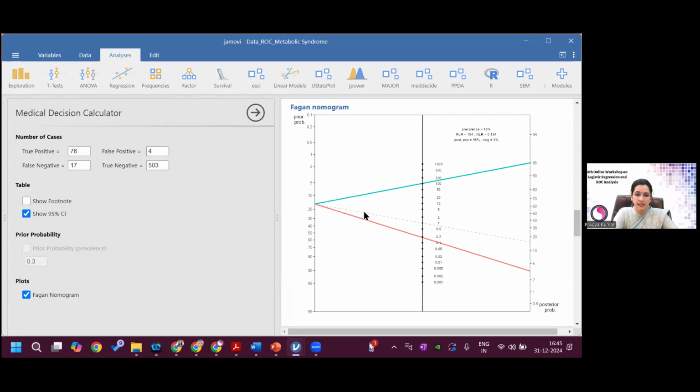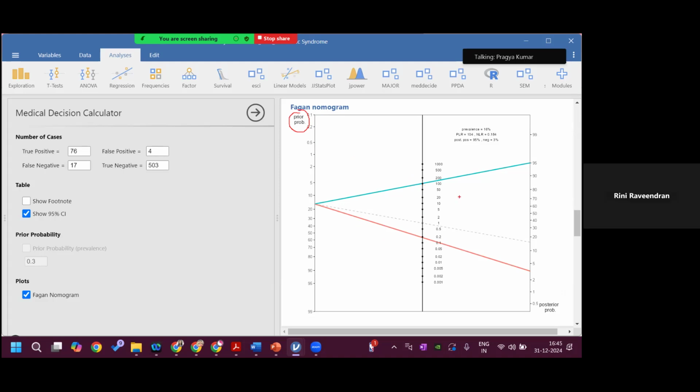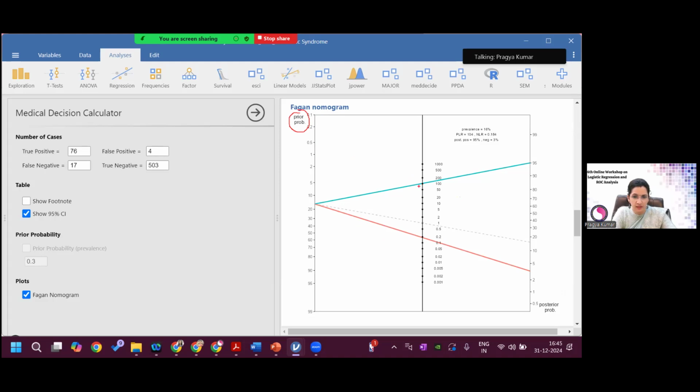And in this case, what is the pre-test probability? This prior probability is the prevalence of the disease. So prevalence in this case is calculated as 16%. Then LR positive and LR negative. LR positive, I think, was something like 110, and then you can see the probability.